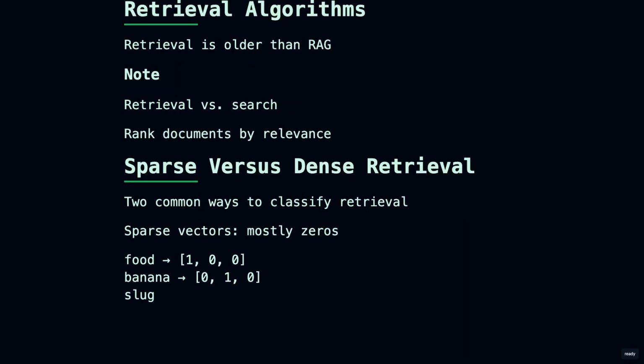This tiny vocabulary shows the idea clearly. Each word maps to a vector with a single one in its own slot. The vector length matches the vocabulary size, and the active index tells you which term it is.